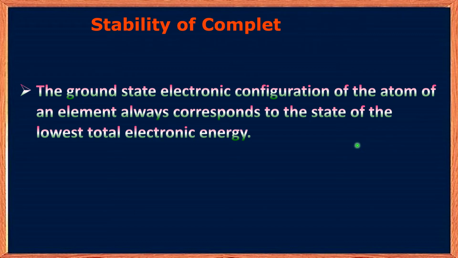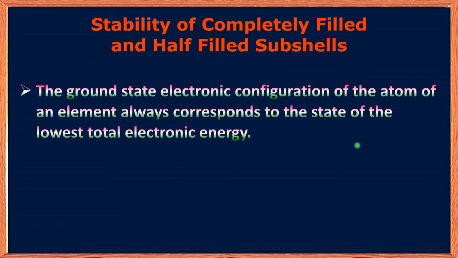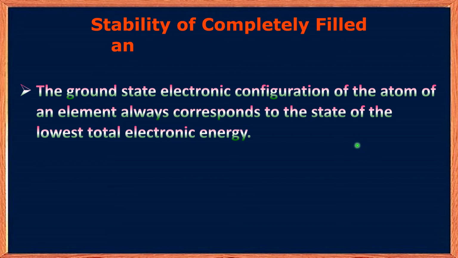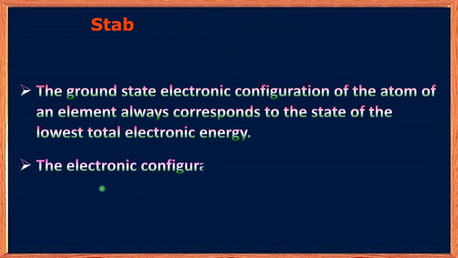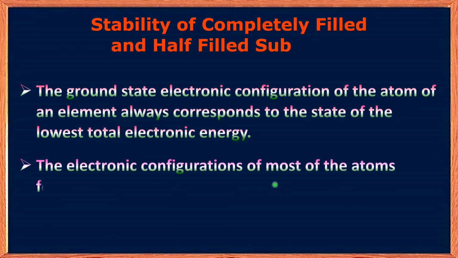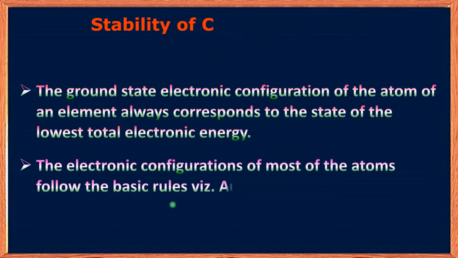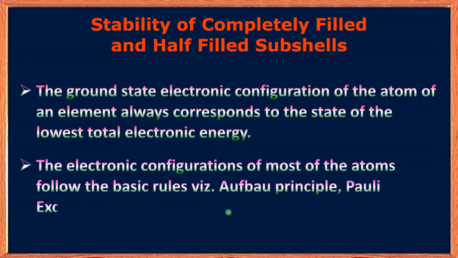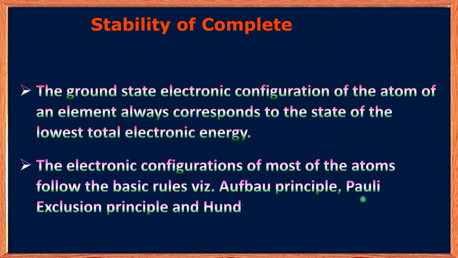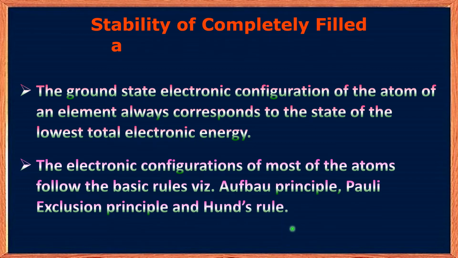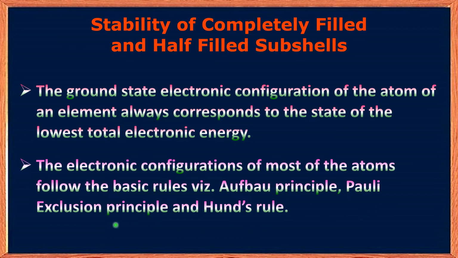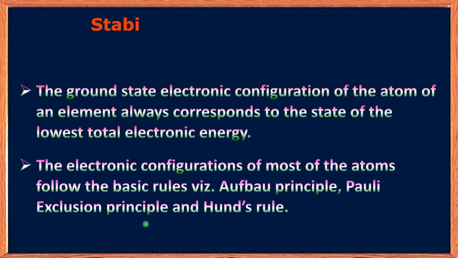When an atom is in its ground state, it will have the lowest total electronic energy. So the electronic configurations of most of the atoms follow the basic rules, that is Aufbau principle, Pauli's exclusion principle, and Hund's rule. These are the rules which govern the filling of the atomic orbitals.